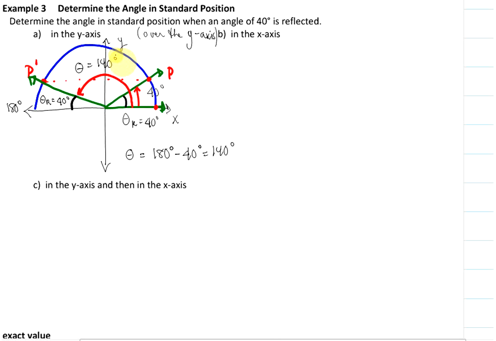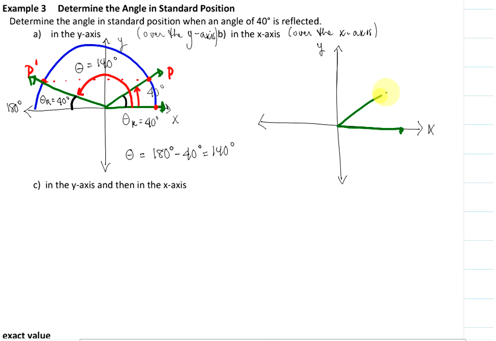Okay, so let's try this by reflecting into the x-axis or over the x-axis. Alright, so we draw our coordinate system, our angle in standard position. And note also that it is our reference angle.